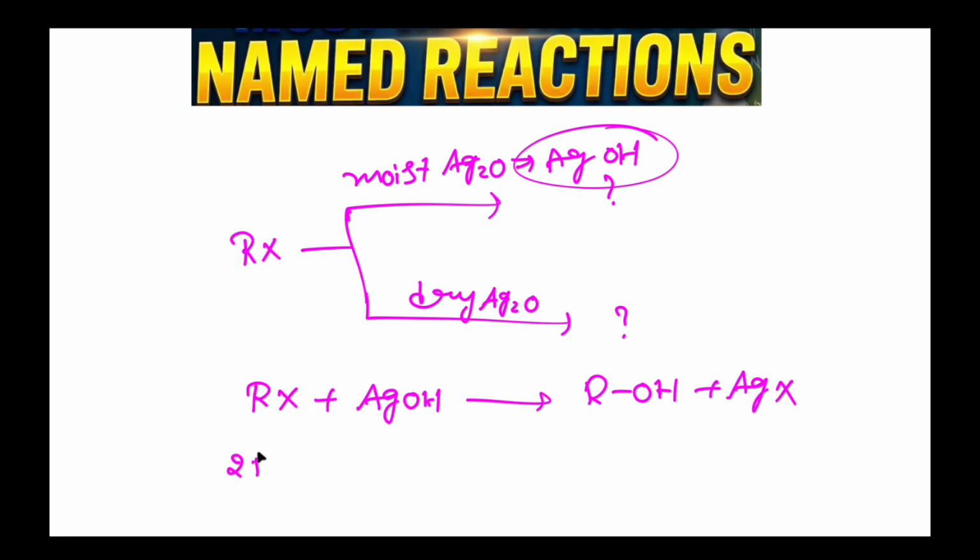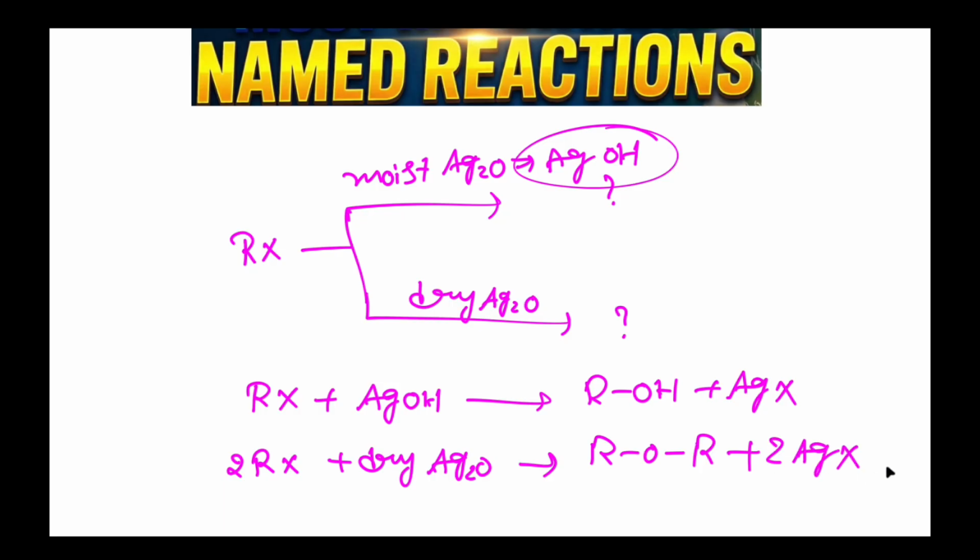And 2 moles of alkyl halide react with dry Ag2O, we can get ethers as the products. So alkyl halide, this is moist Ag2O, this is dry Ag2O. So we can differentiate easily.